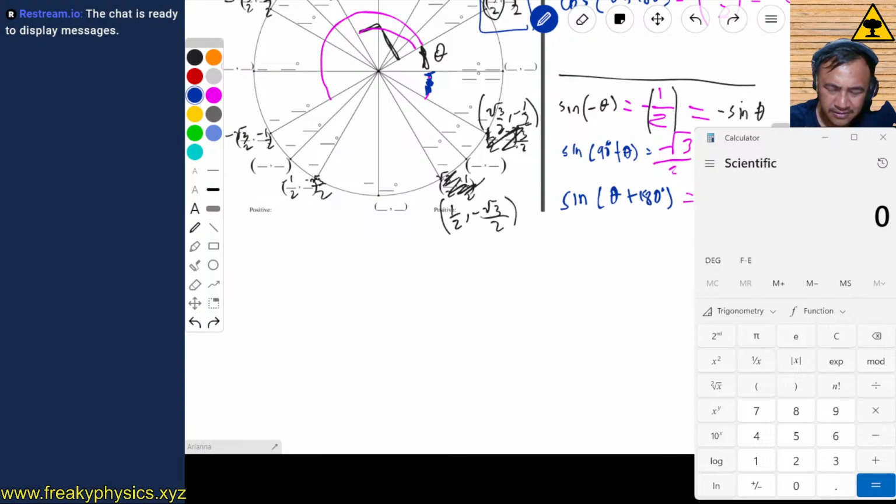So for example, what is given? Let me just think real quick. What is the cosine of, let's see, 105 degrees?